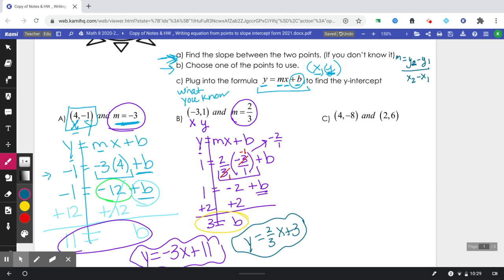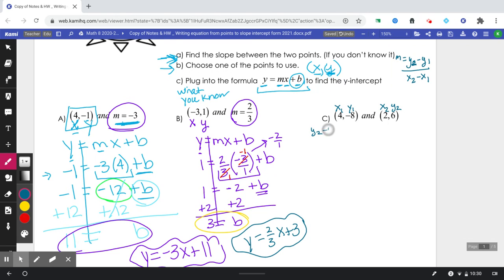Okay, so part A, I'm going to find the slope between these 2 points. So the first thing I'm going to do is I'm going to label my points. This is the first point I'm looking at, so I'm going to call it x1, and the y coordinate I'll call y1. My second point, I'll call the x coordinate x2, and the second y coordinate y2. Okay, so I'm going to plug these values into my formula.